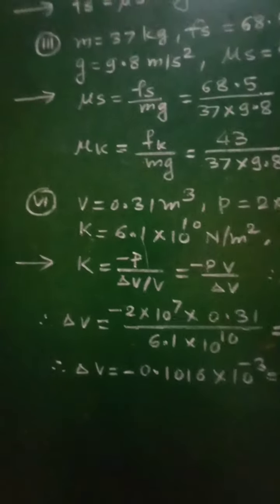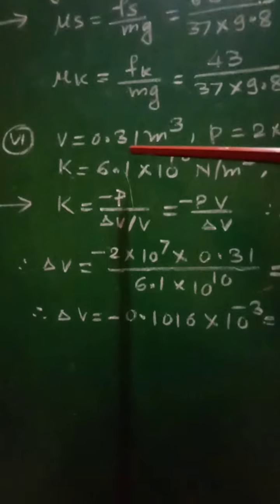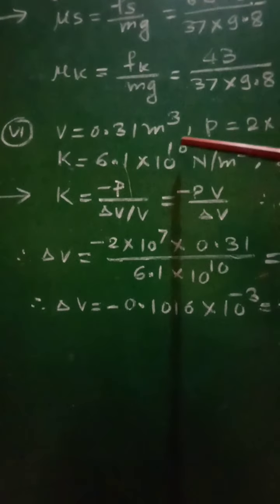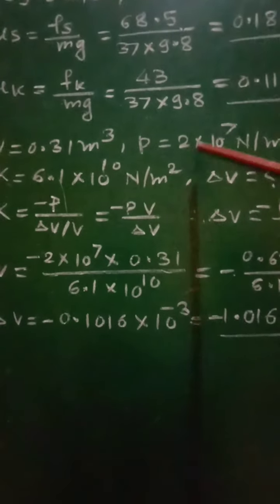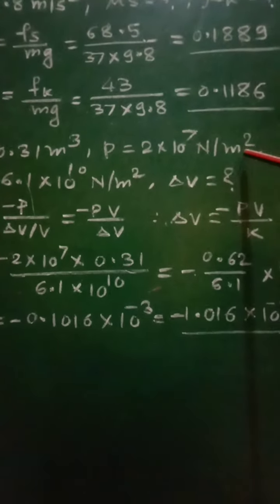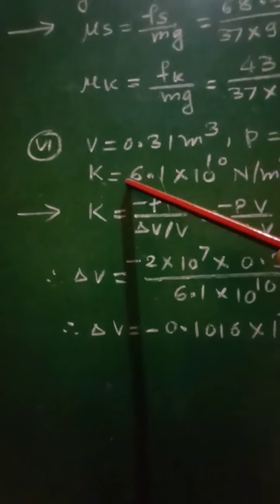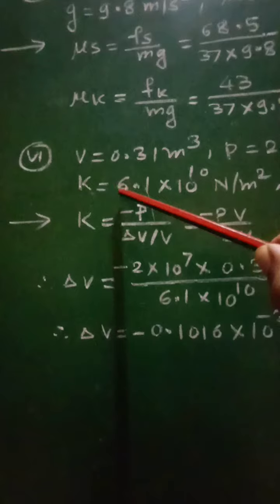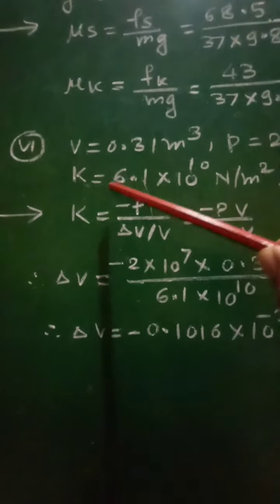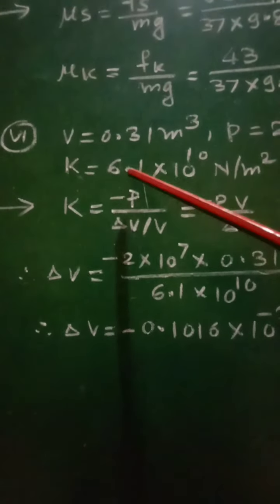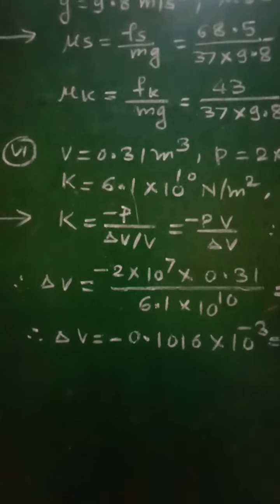And therefore, for this numerical, the given data is volume V is equal to 0.31 meter cube. Then pressure P is equal to 2 into 10 raised to 7 Newton per meter square.